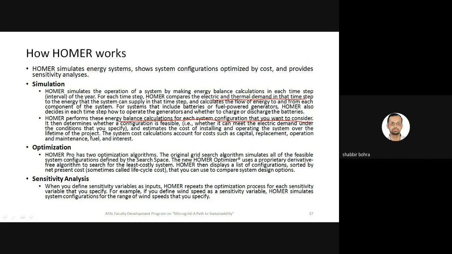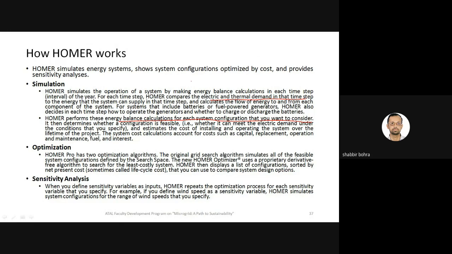If you want 50 kilowatt of the PV system and 50 kilowatt of the turbine, then instead of specifying only 50 kilowatt of the PV and 50 kilowatt of the turbine, you can go for a PV size of 10 kilowatt, 20, 30, 40, and 50 kilowatt. Similarly for the wind, you can go for a 10 kilowatt wind turbine, 20, 30, 40, and 50, and so on. So that can also be done.